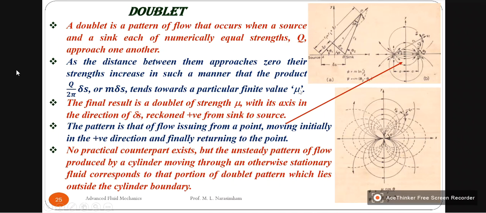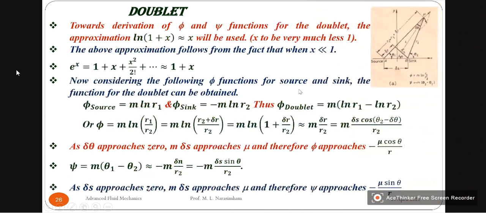So using this definition, this m delta s will become mu, and because delta theta is 0, cos theta 2 minus delta theta can be replaced by simply cos theta 2, or cos theta, dropping the 2.